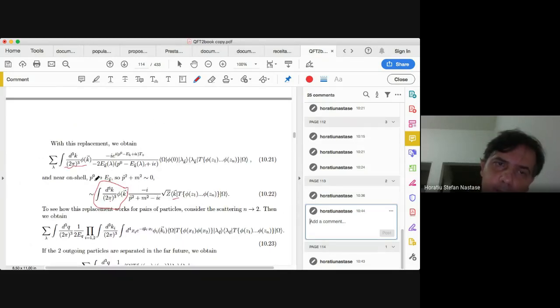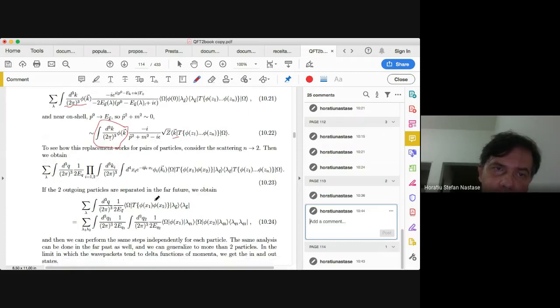The pole means now p0 going to e of k vector, or p tilde squared plus m squared approximately 0. So this means that p squared plus m squared, which is p tilde squared plus m squared in the denominator, goes to 0 again.